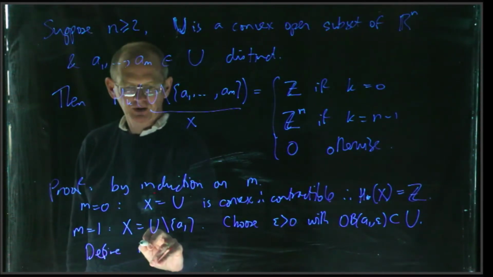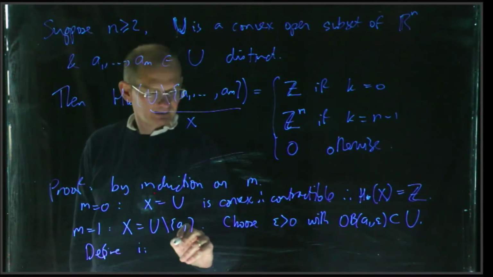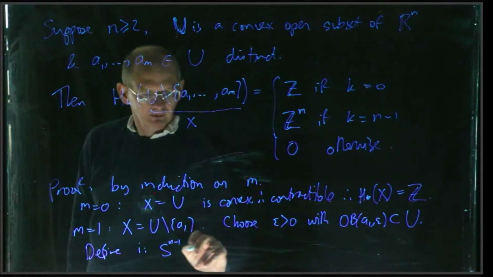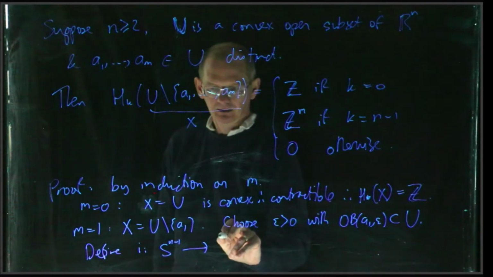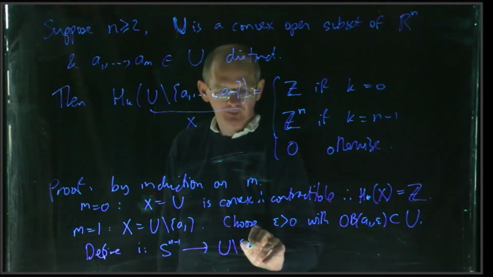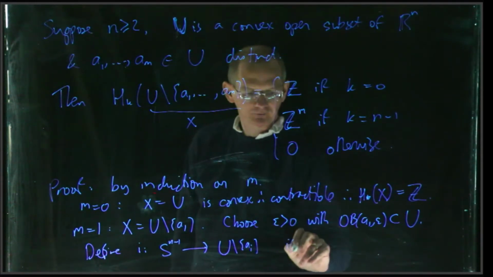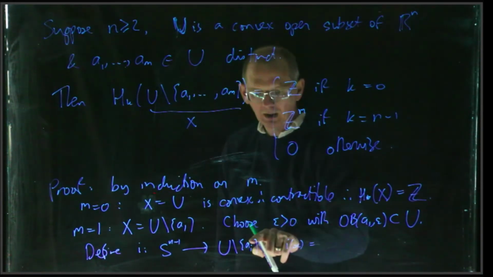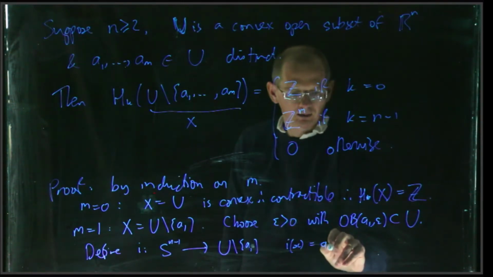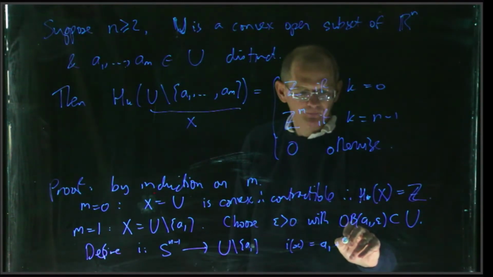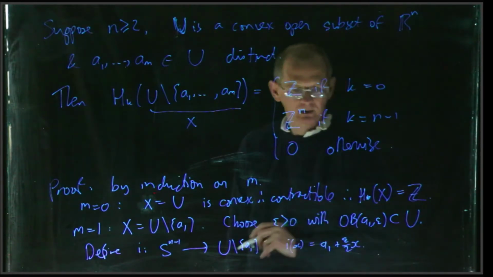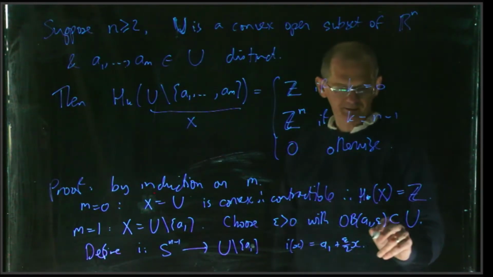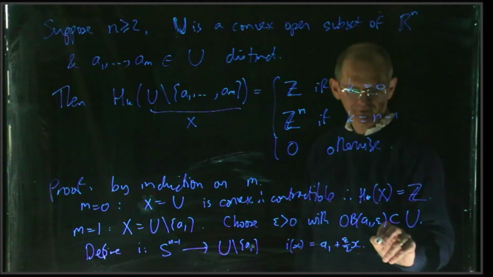Then I can define some i from S^(n-1) to U with a1 removed. i of some vector x is going to be a1 plus epsilon over 2 times x. And now it's not hard. We've seen stuff like this before. It's fairly easy to see that this is a homotopy equivalence.